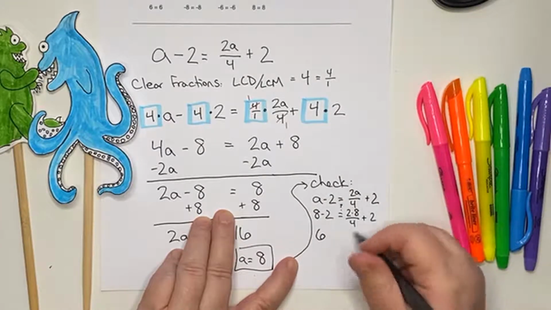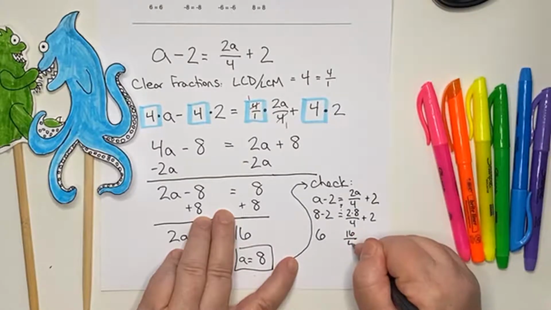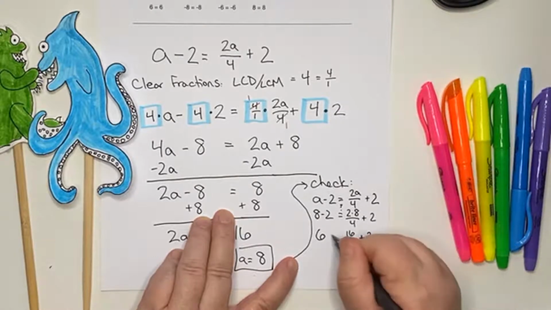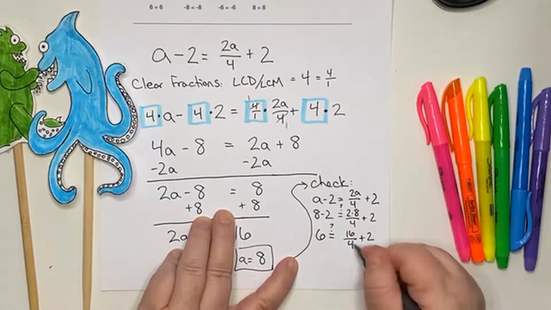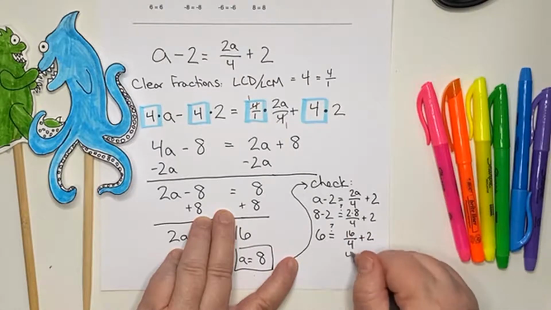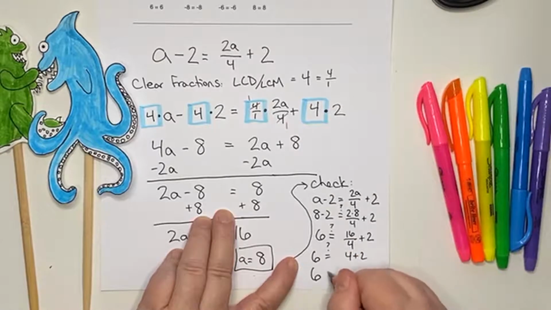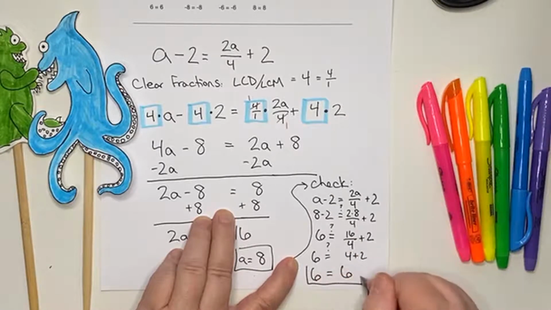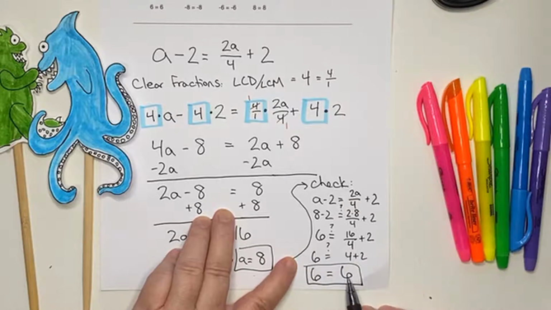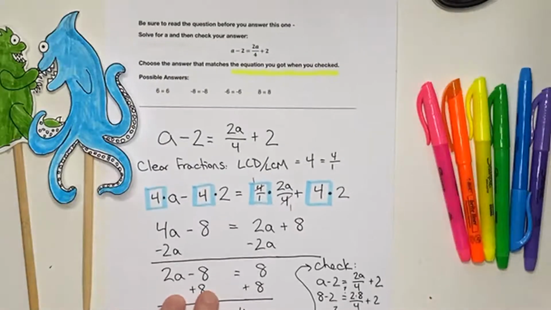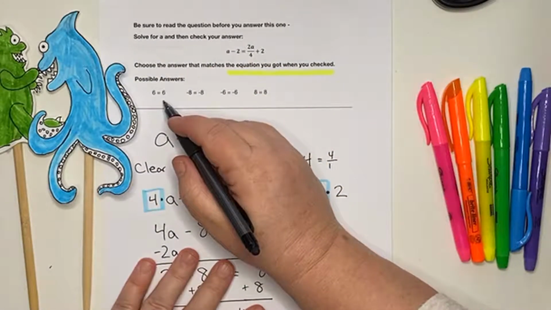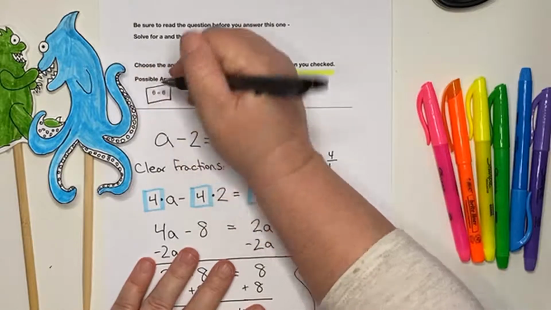On the right, I've got 16 over 4 plus 2. So is that equal? 16 over 4 is 4, plus 2. So is 6 equal to 4 plus 2? Yes, 6 equals 6. And this is the answer I want you to give me. So right there, 6 equals 6.